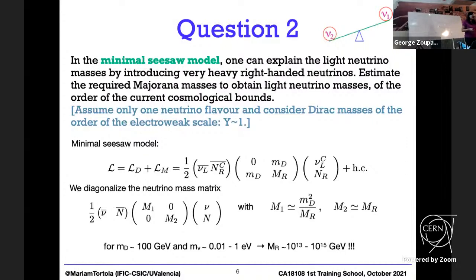You get this prediction for leptogenesis, but even there you cannot be sure that this is the process behind the baryon asymmetry of the universe. This is why people are trying to find different models with more testable predictions. Okay. So any question about this?